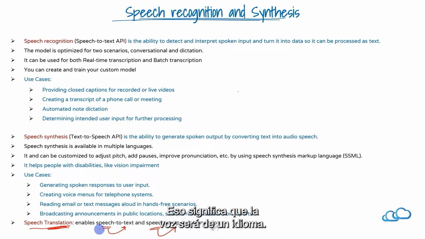That means speech will be in one language, and after converting into text, this will be in another language. For example, speech in English and text may be in French, or speech may be in, let's say, Italian, and speech may be Chinese. So it will convert from one language into another language.